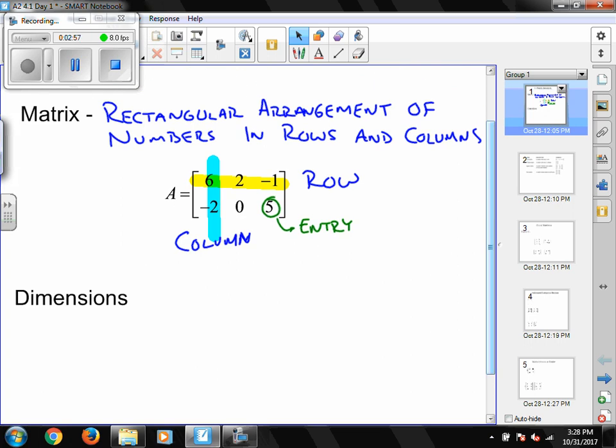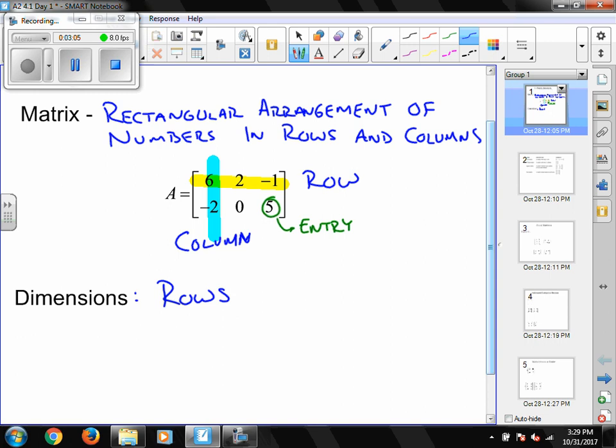Then the last thing, when we talk about matrices, we talk about the dimensions of a matrix. So what we're talking about there is we describe these as our rows, we put an X, and then the columns. The way that's said is rows by columns.